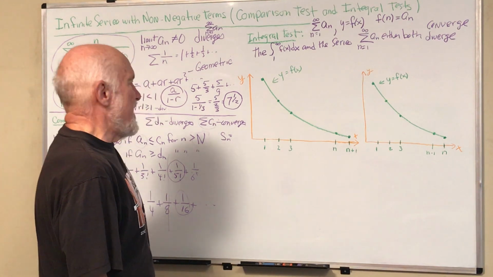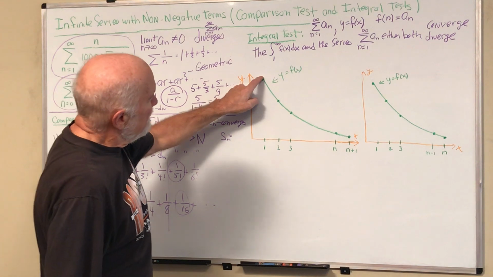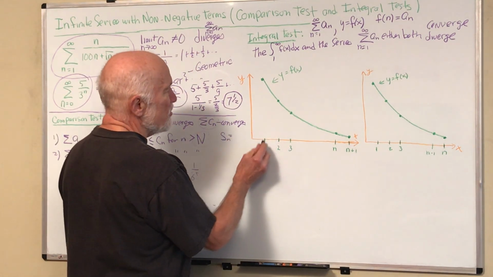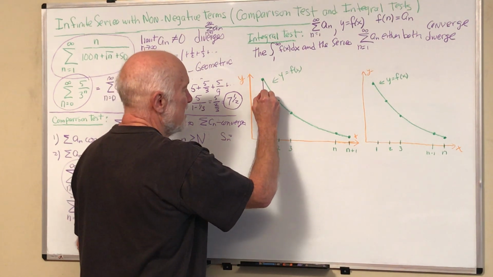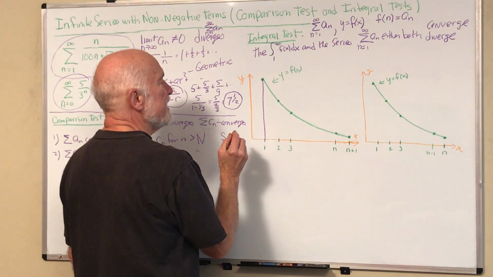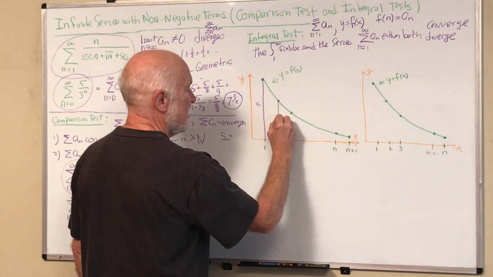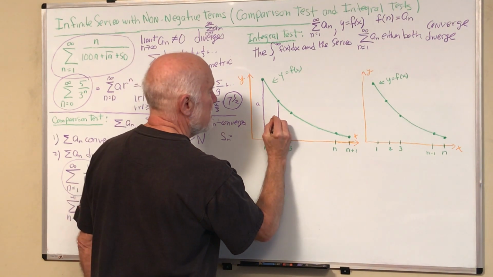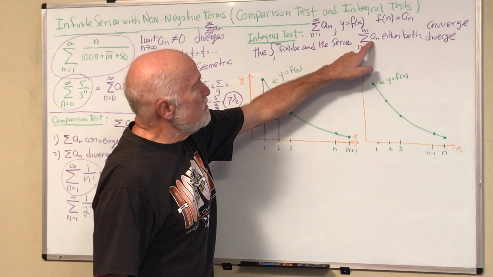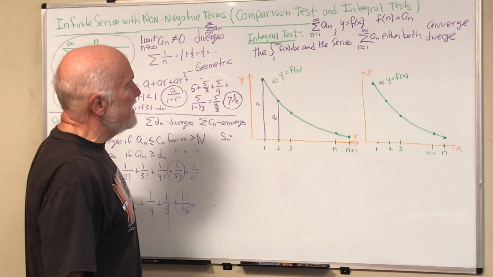Well, we better prove that. So here's a function y equals f of x. And we're going to assume that that distance right there is called a1. And this is a2. So we have a series a sub 1 plus a sub 2 plus a sub 3 all the way to infinity.